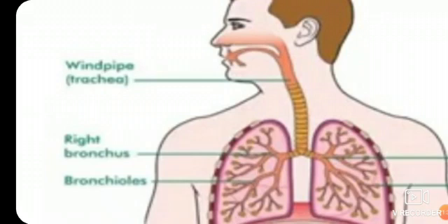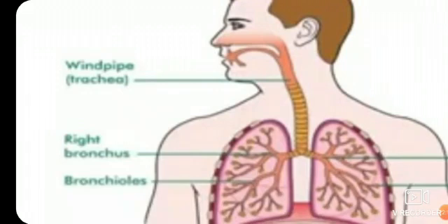This trachea takes the oxygen to its branches, and these branches are called bronchioles. So the trachea is divided into fine branch-like structures, and they are known as bronchioles. Can you see here in the picture? Yes.